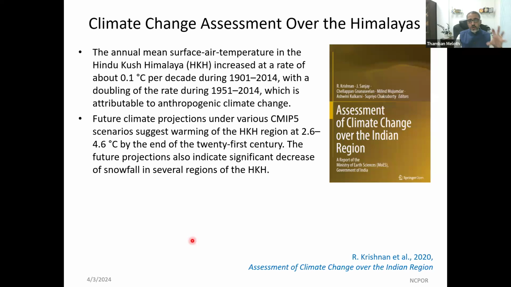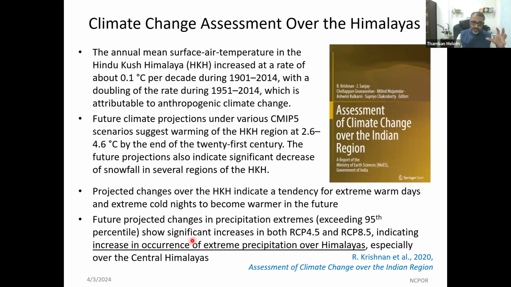The future projection also clearly indicates a significant decrease in snowfall in several parts of this region. The projected changes in the Himalayan Karakoram region also indicate a tendency for extreme warm days and extreme cold nights to shift to become warmer in the future.